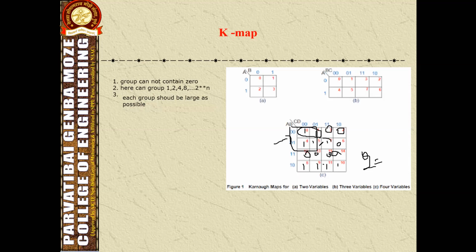If there is no possible group with other ones, then we can consider the single one also. But first we have to start grouping from the higher number of ones, and then come to the smaller ones. This is one of the rules, and it helps to reduce the expression.